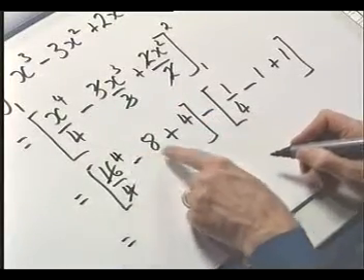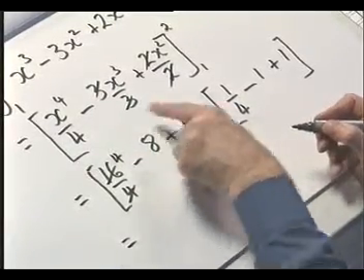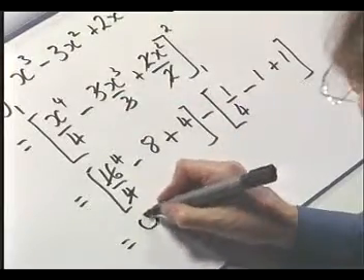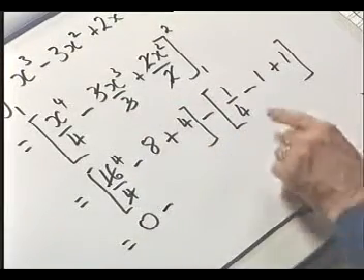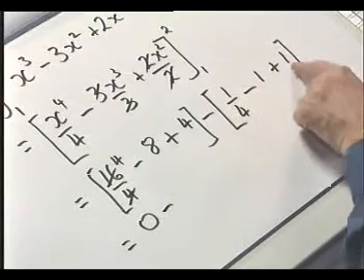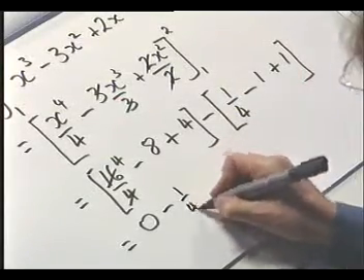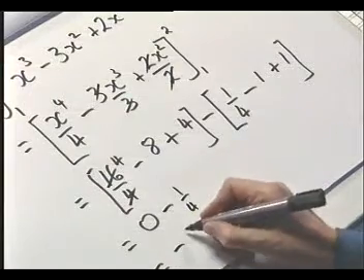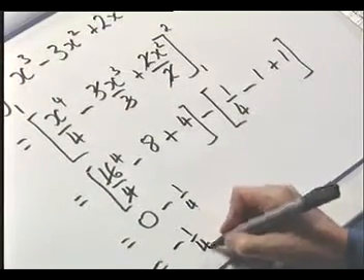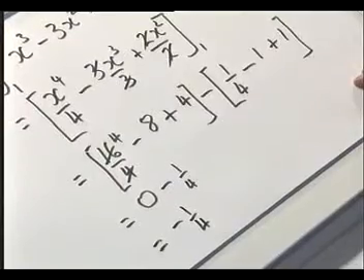So with 4 take away 8 plus 4, well, that bracket is now 0. Minus, well, with a quarter take away 1, add 1, so this bracket is just a quarter. So our answer is minus a quarter.